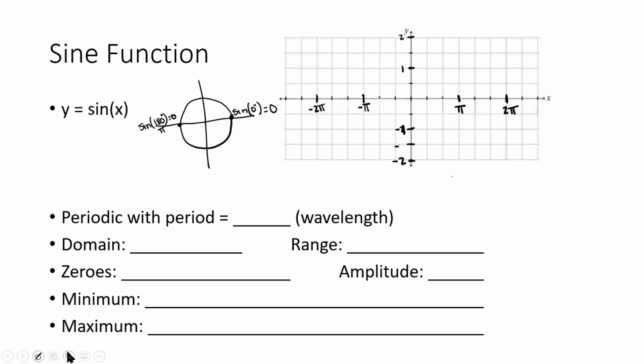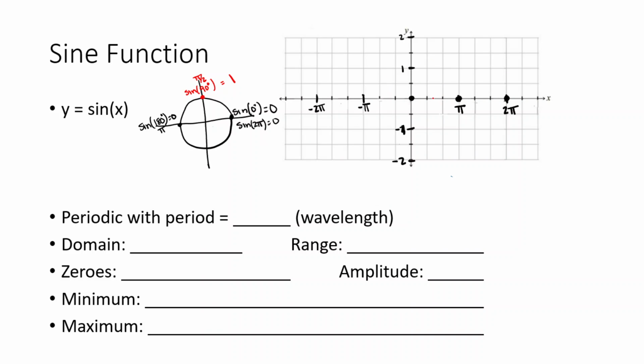Okay. So I'm going to mark these two zeros to start with, at 0 and at pi. The reality of it is it'll also do this at 2 pi or 360 degrees, so I'll go ahead and mark that one as well. The other thing we know on the unit circle is that at the top of the circle, at 90 degrees, or at pi halves, it's equal to 1.